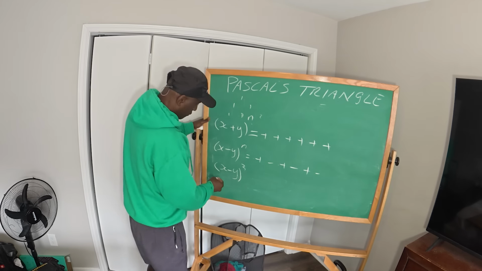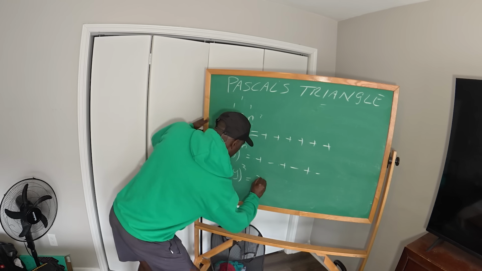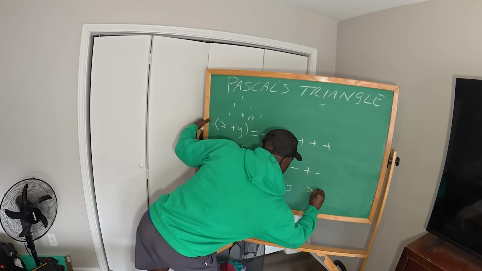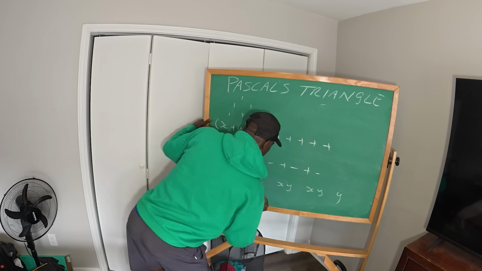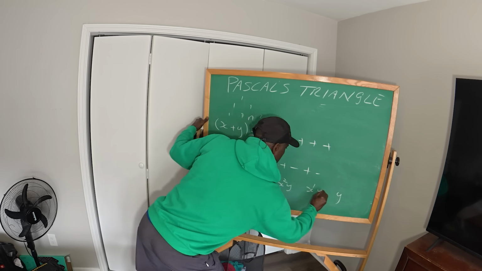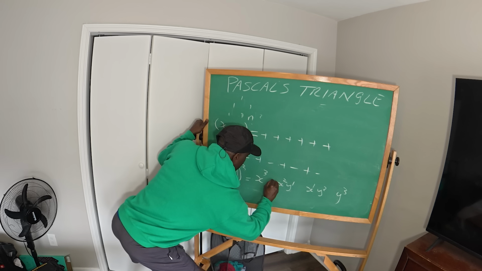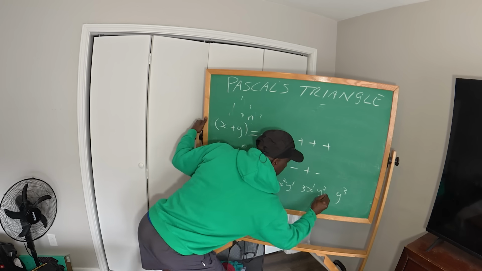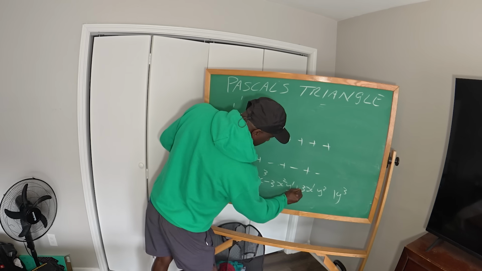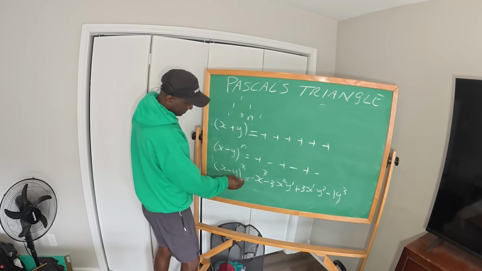For example, if we have x minus y cubed, we'll have x, x y, x y, y. So let's put the powers 3, 2, 1. Coefficients 1, 3, 3, 1. Let's put the signs positive, negative, positive, negative. We're done. Simple as that.